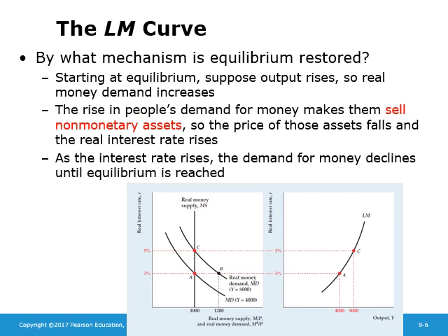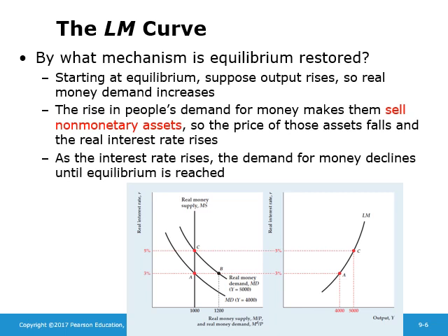And how does this happen? The mechanism, as we said, is that people now will sell non-monetary assets to increase their money holdings. They need more money, so they sell non-monetary assets to get money. When they sell non-monetary assets, the price of non-monetary assets will decline, so the real interest rate will increase.